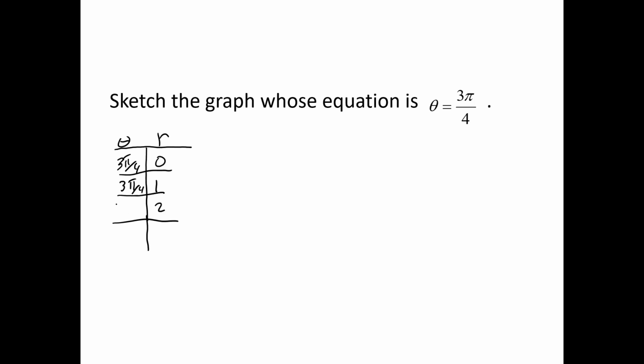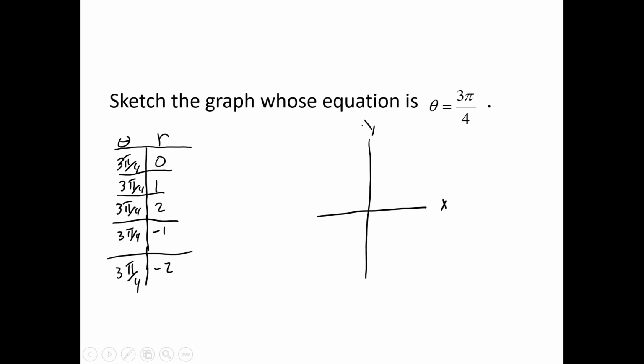If r is 2, your theta is 3 pi over 4. If r is negative 1, your theta is 3 pi over 4. And if r is negative 2, your theta is 3 pi over 4. So graphing this in the xy plane, you can see that 3 pi over 4, 0 is the pole.